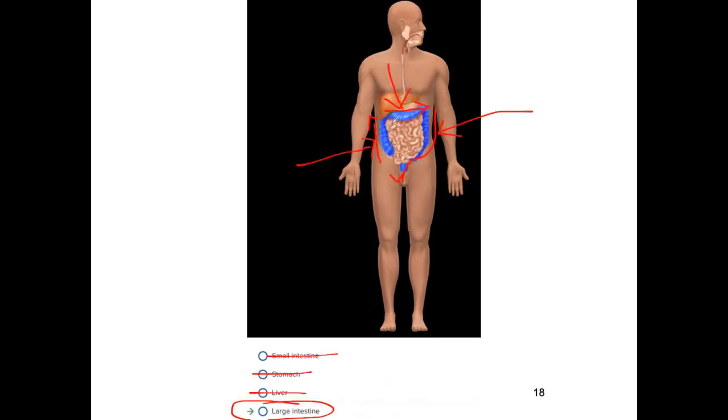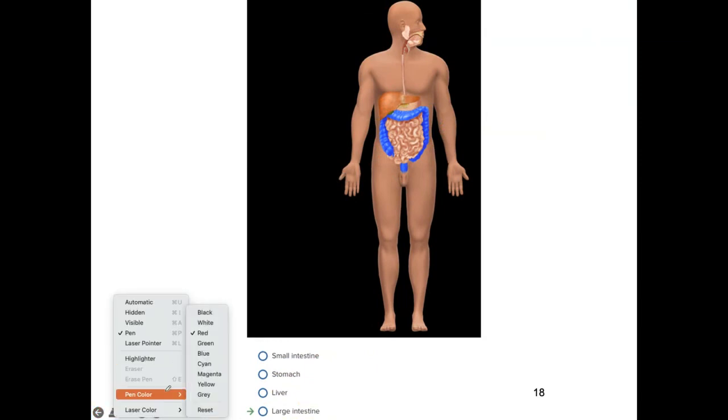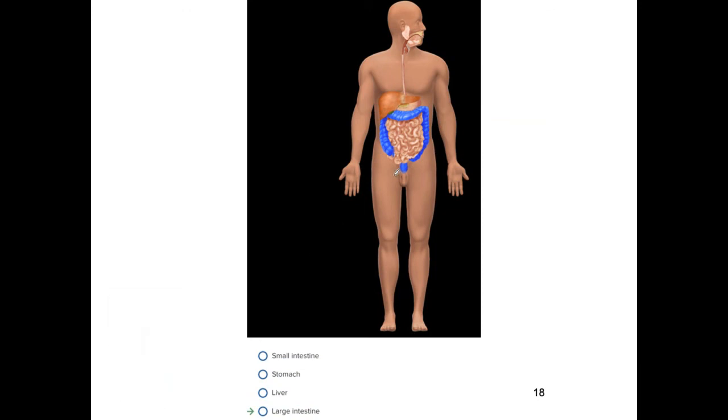Okay, now in the digestive tract here, let me just erase this here. And let's go back to red. Here, the small intestine and the large intestine and the stomach, these are your main digestive organs. But then we have the secondary accessory organs, like the salivary glands in the mouth, that's an accessory organ.